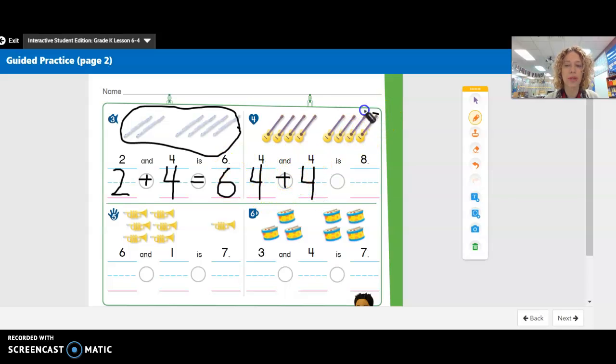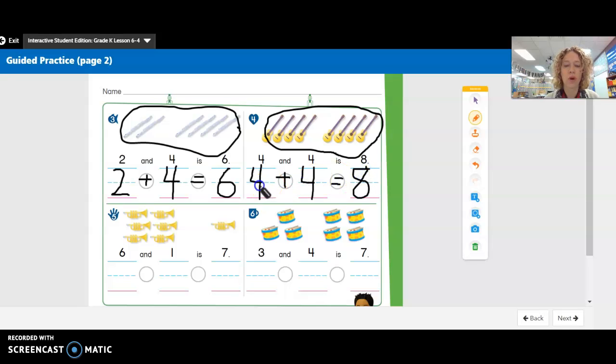So then I'm going to circle this, and then I'm going to put an addition sign there, and then I'm going to circle the group, and now I'm going to count because I want to know how many I have all together. 1, 2, 3, 4, 5, 6, 7, 8. Wonderful. I'm going to make an 8 here.